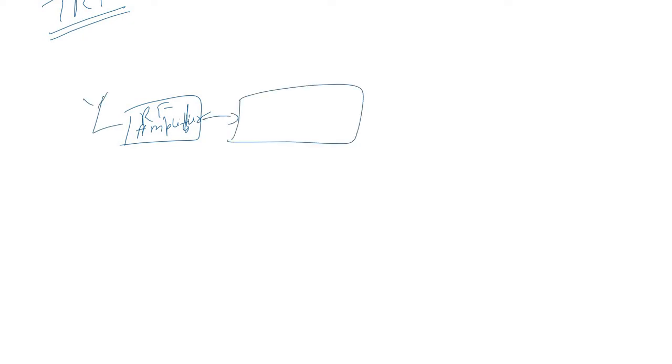I'll first draw the block diagram of it and then we'll walk through its working. The first block is the RF antenna and RF amplifier, which receives the signal through the antenna. Then we have a demodulator, which is a very important and integral part of any receiver.